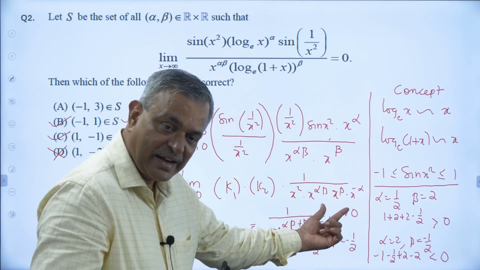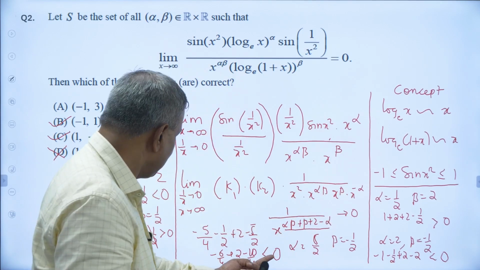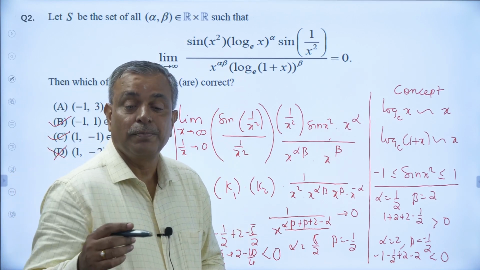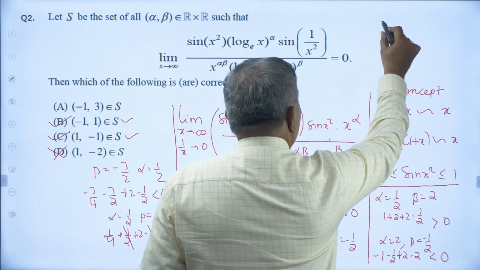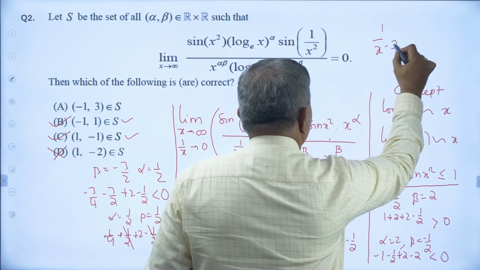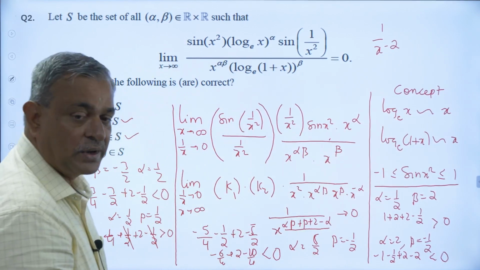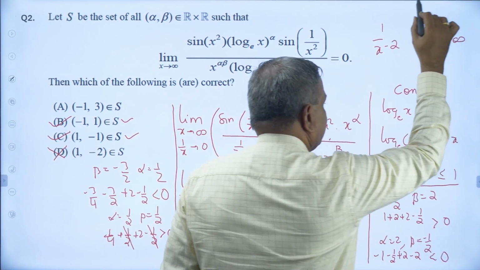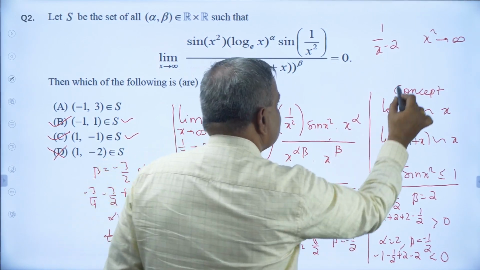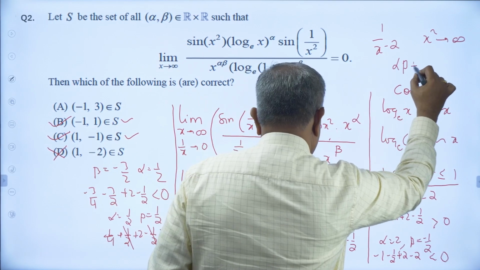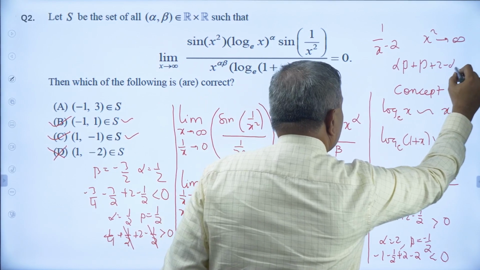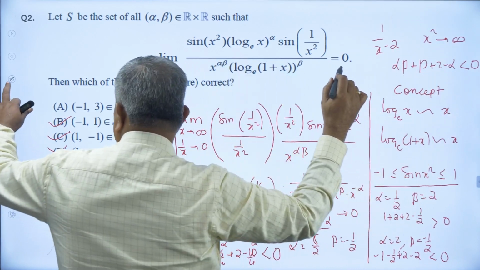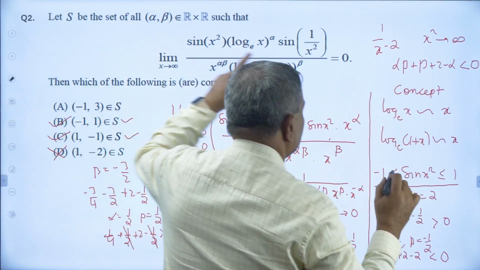If it comes out to be a negative value, what will you get? Let me explain: 1 by x to the power minus 2 becomes x square, which is tending to infinity. So whatever this value is, alpha beta plus 2 minus alpha must be less than 0, sorry, greater than 0.